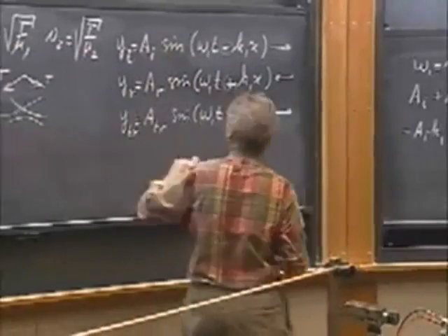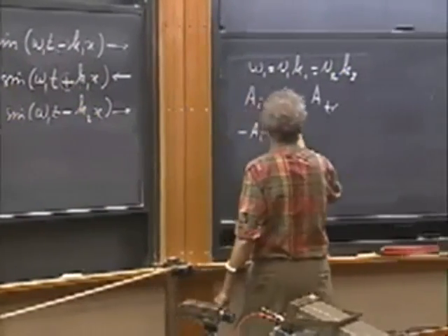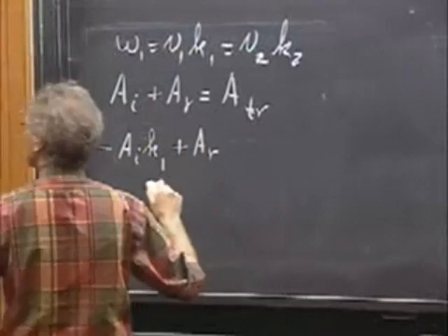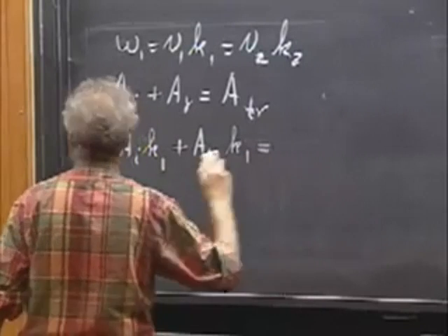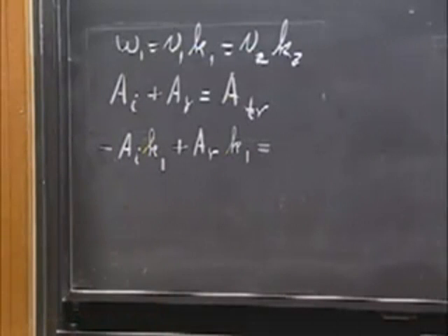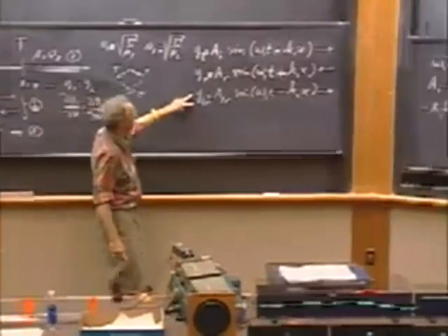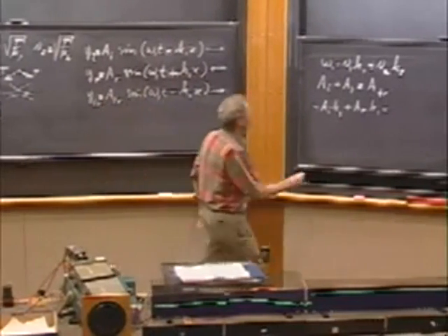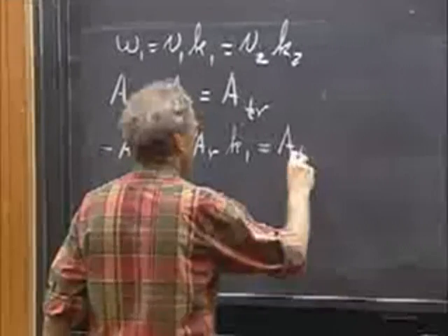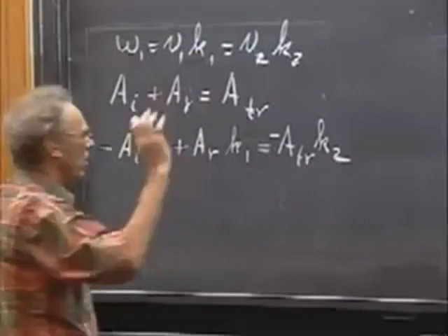So I go to my next one, which gives me now plus A of R times k1. This is the left side, my dy1/dx, and my dy2/dx in my second medium is now this one. It gives me minus k2 times A transmitted, and I dump the cosine.